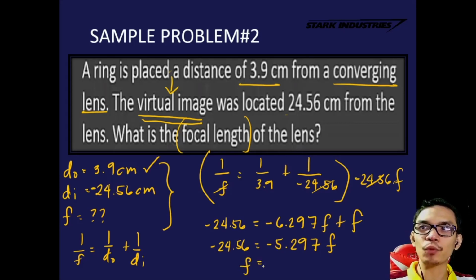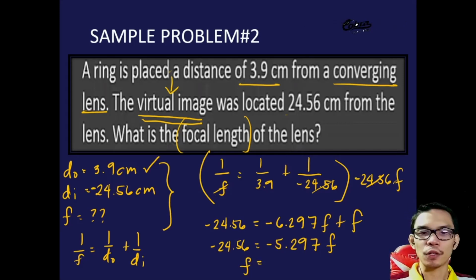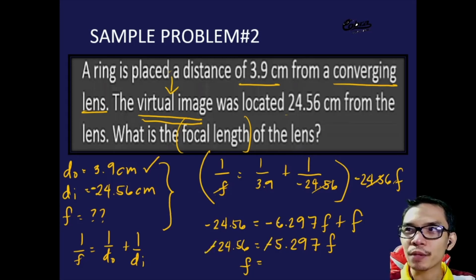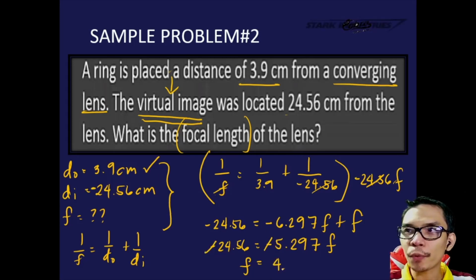So the focal length that we should get right here is 24.56 over 5.297. Cancel all the negatives. As we expect, we have a positive answer of 4.64 centimeters.